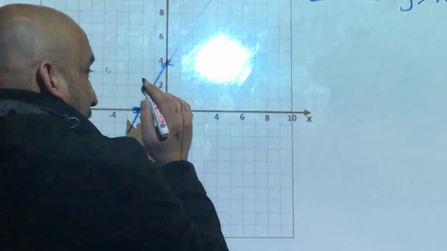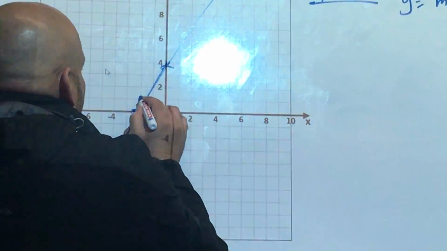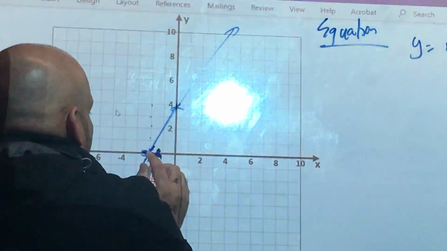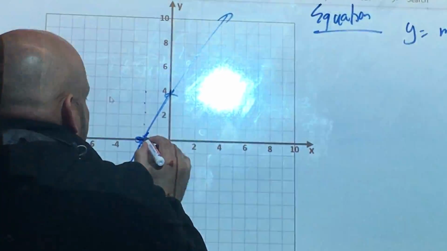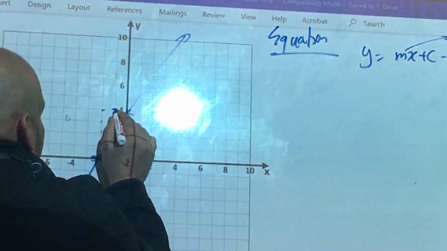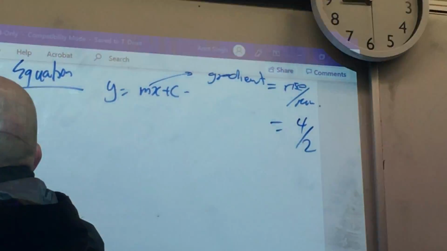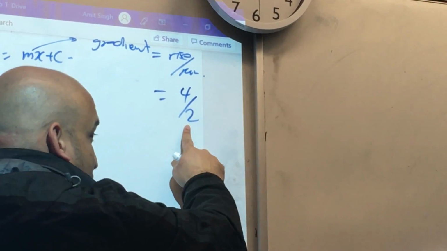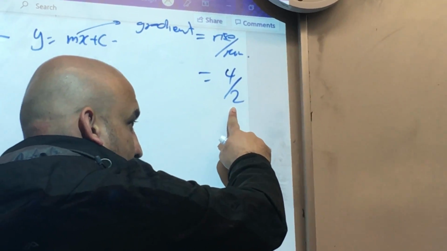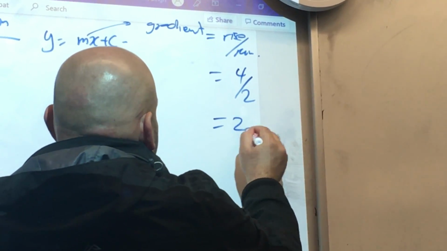Rise, you take the lower point. Rise is 1, 2, 3, 4. Can you see? These are the two intercepts. So rise is 4, and running is 2. So it is 4 over 2. You are running on the right, so it's going to be positive. Okay, so your gradient is 2.